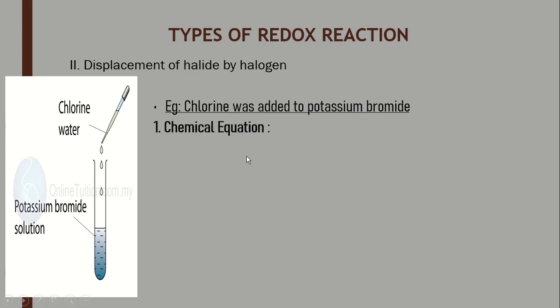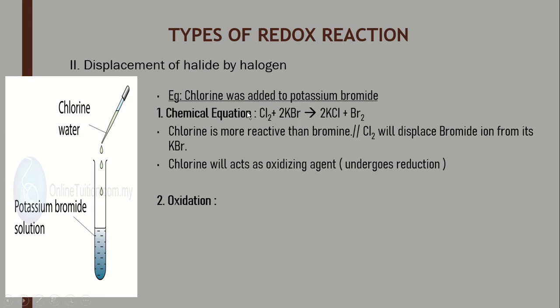Kita tengok reaction. Chlorine was added to potassium bromide. So the reaction is between chlorine water and potassium bromide. The halide is potassium bromide, the halogen is chlorine. Kita buatlah chemical equation. Cl2 reacts with KBr, potassium bromide.